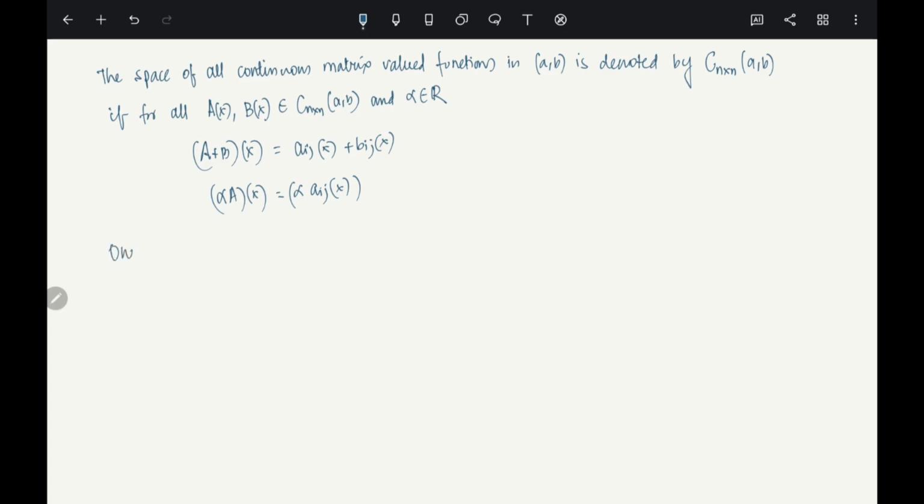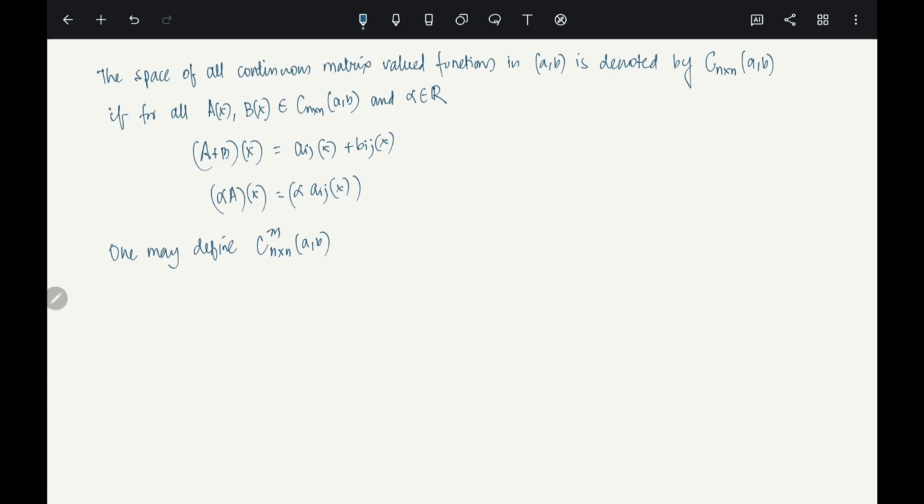Now one may define C^m_{n×n}[a, b], and then let's say m. What is m? m is the mth derivative, okay.